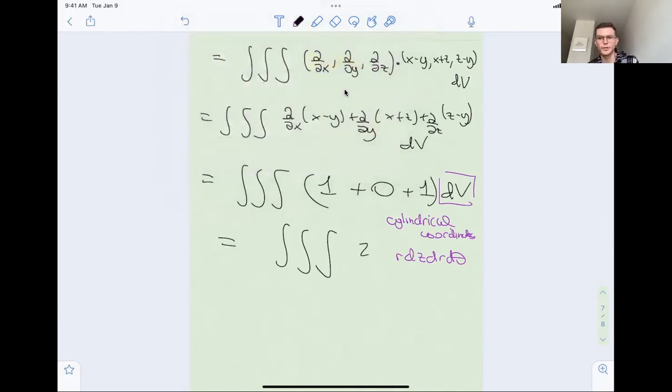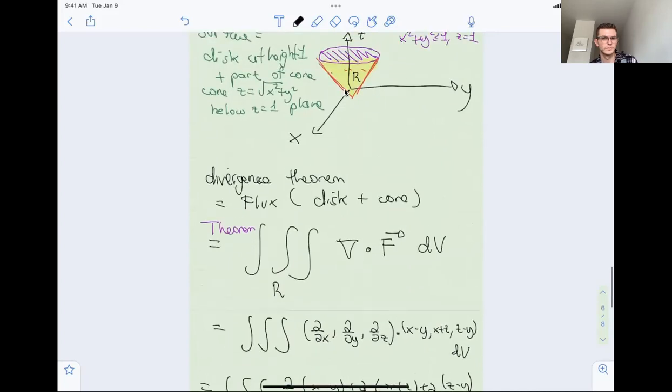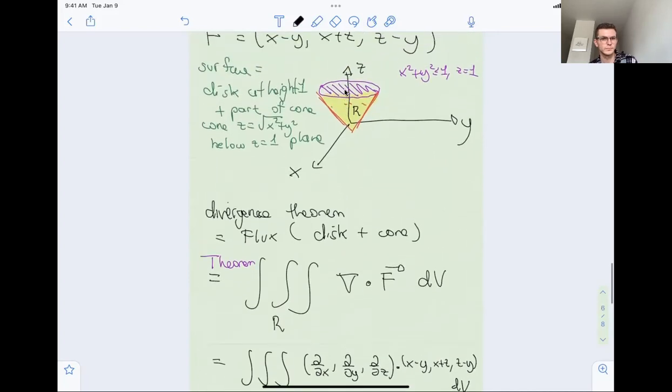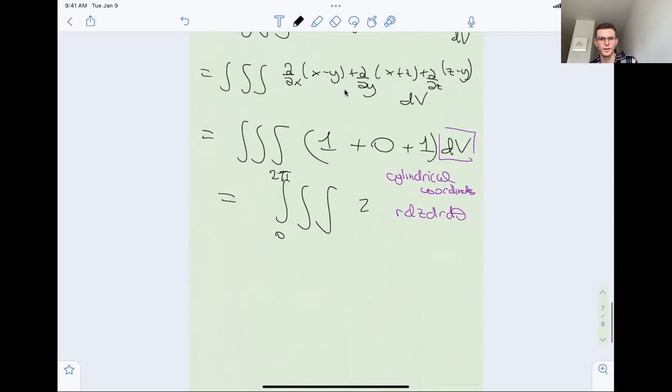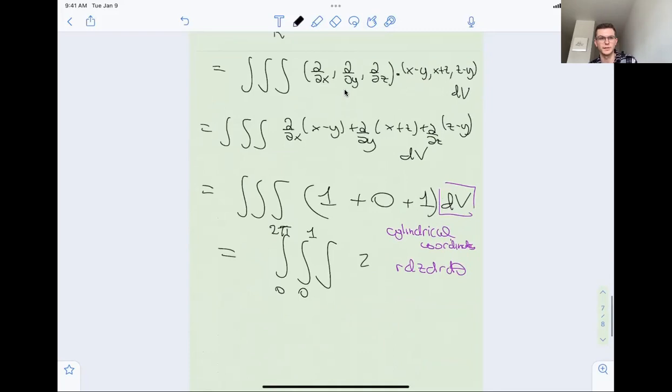What bounds should I use for theta? What bounds should I use for r? Zero to 1. And what bounds, this is more interesting, should I use for z?